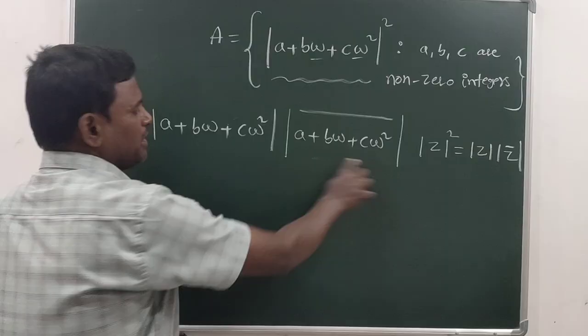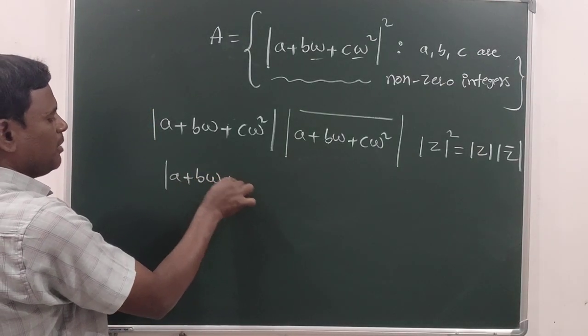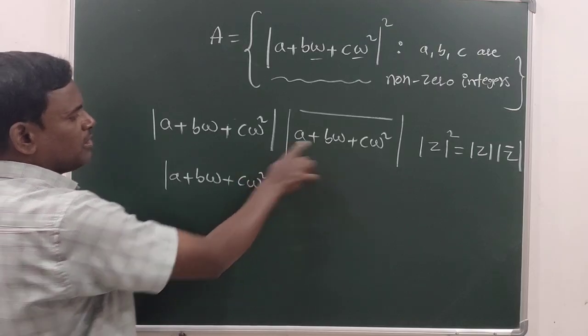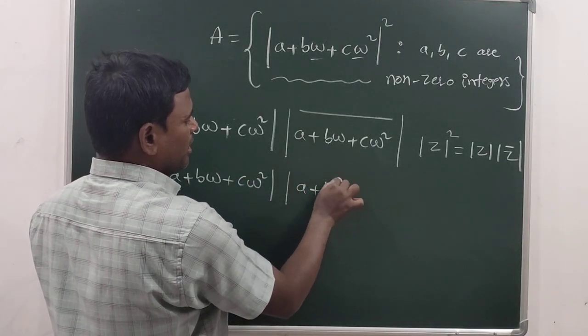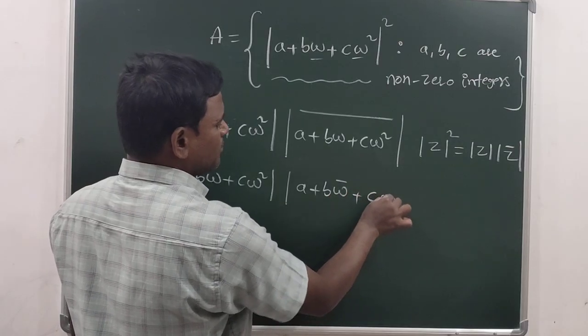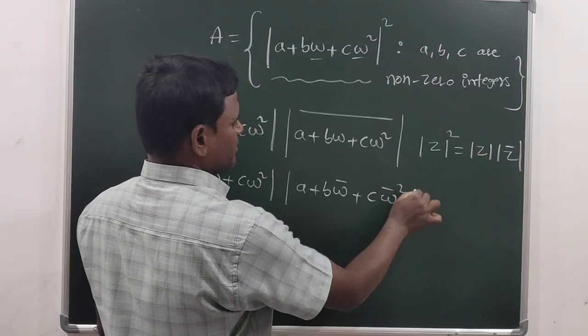So applying that property, we get a plus b omega plus c omega square into a plus b omega bar plus c omega bar square.